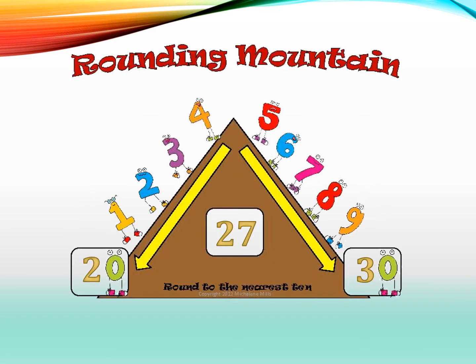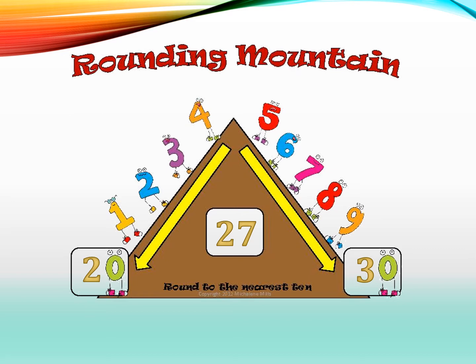Now, if I want to make an approximation for a number like 27, 27 is between 20 and 30. If we look at 20, 21, 22, 23, 24, 25, 26, 27, 28, 29, then 21, 22, 23, 24 are nearest to 20.